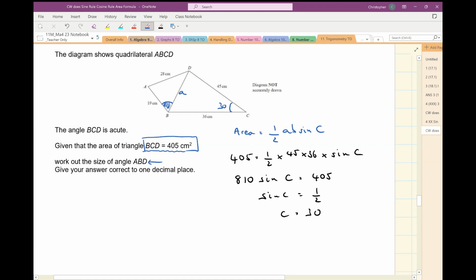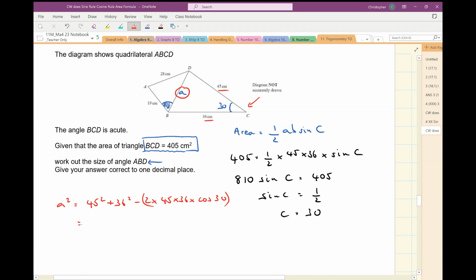That means that I can find this side using the cosine rule, because I've got two sides and the angle in between them. Brilliant. So a squared will be 45 squared plus 36 squared minus 2 times 45 times 36 times cos 30.